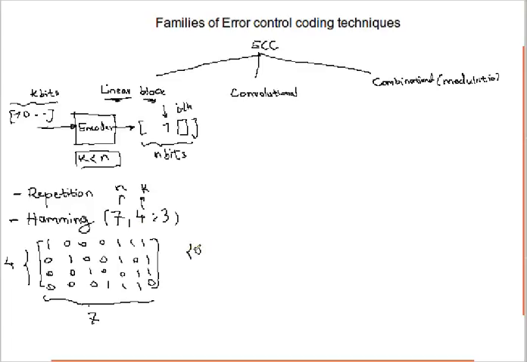So in binary mode, you multiply your 4-bit stream by this matrix, and you obtain a vector containing 7 bits of your stream. So that's basically the idea of Hamming codes.